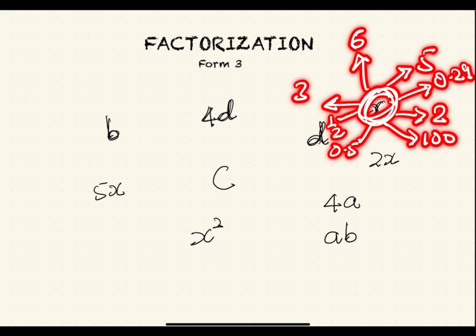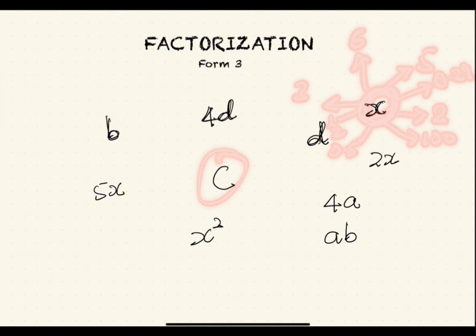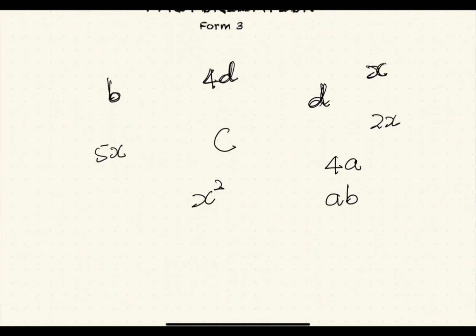At the moment, we just don't know what X is, we don't know what C is, we don't know what B is, but we understand that behind it, there's a hidden number. Behind all of these expressions that we are talking about, there's a number hidden, and we just don't know it. So there's a way in which these expressions can also be factorized.